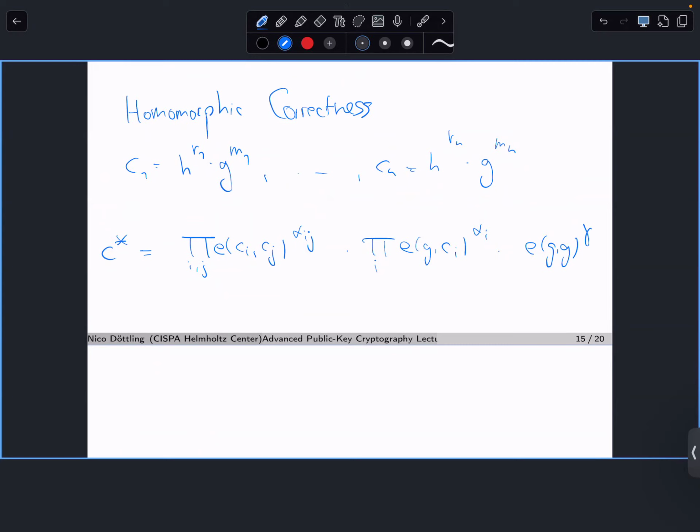Now let's write out this ciphertext into 2 components.